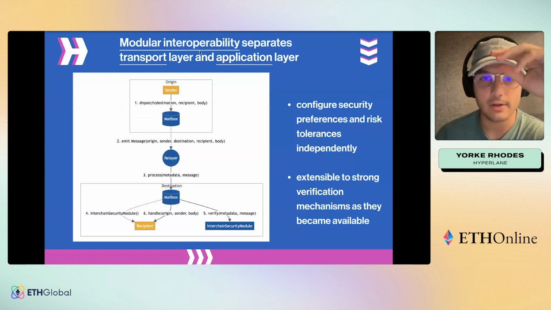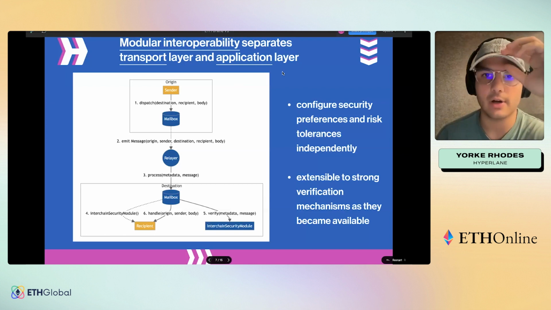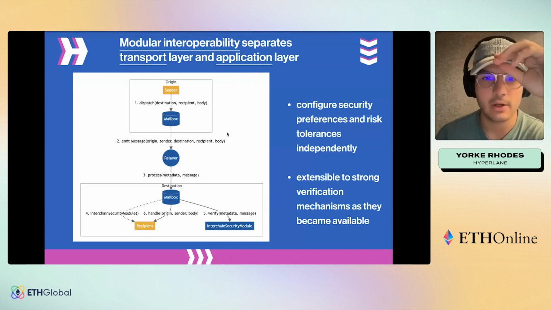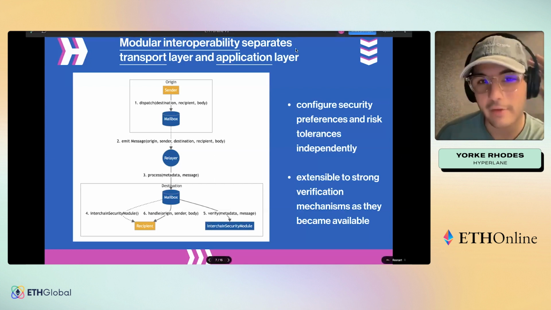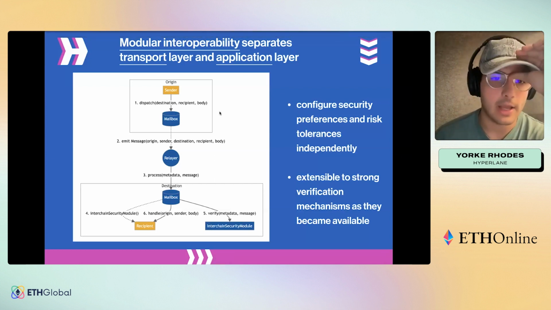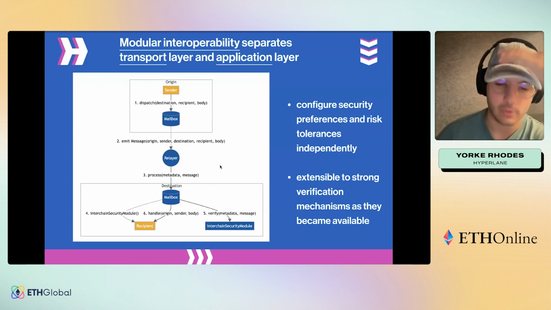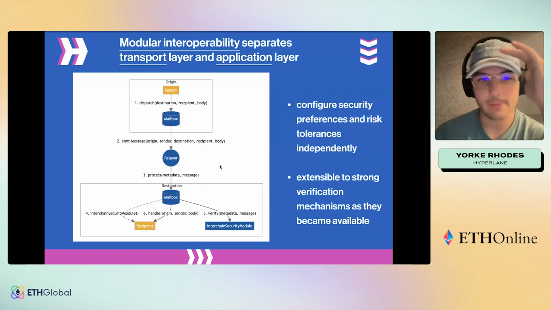As I said, we're pushing this modular interoperability concept. If you want to contribute to the protocol itself, you can implement one of these interchain security modules as a smart contract, and then other developers will be able to use your implementation.